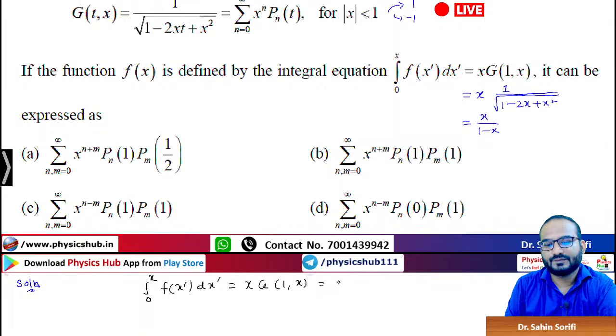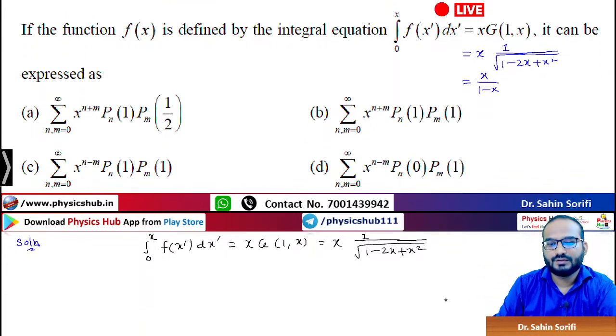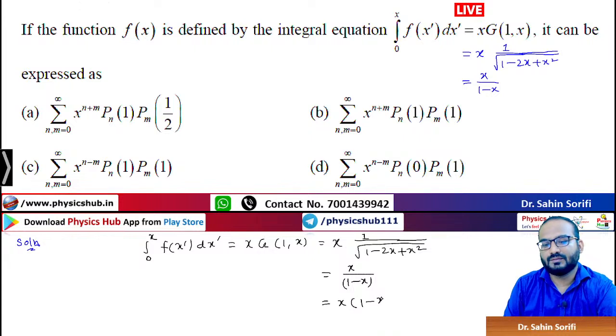So this is x times 1 upon 1 minus root 1 minus 2x plus x square, x by 1 minus x. So x times 1 minus x inverse.